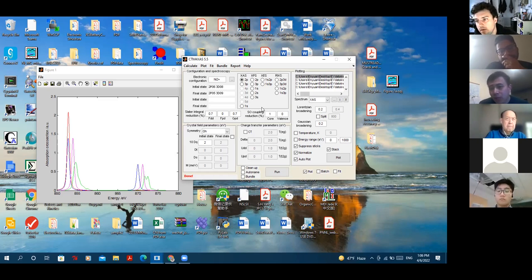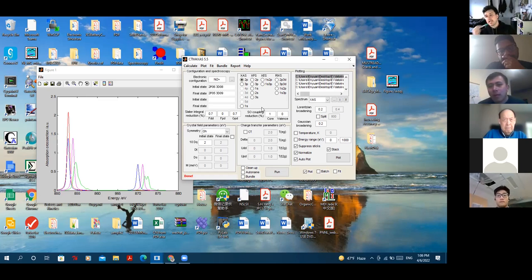For example, nickel is one possible candidate, and also copper. Those are very late 3d transition metals where the 3d energy can be really, really low, and charge transfer can happen. So if you're dealing with a highly covalent system, you want to consider charge transfer.